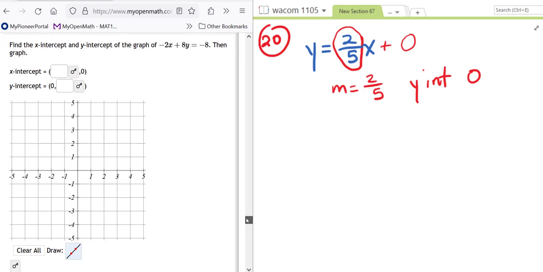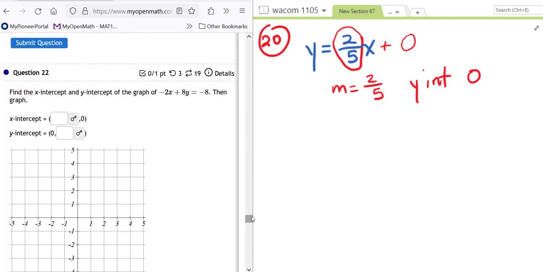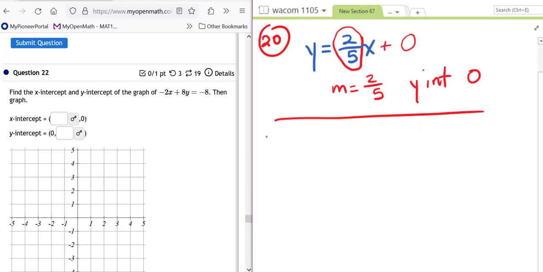This one wants you to use intercepts, right? Intercepts, make yourself a table and plug in zeros. They've helped you a little bit. It's just a matter of them switching back and forth all over the place. Okay. So 22. So watch the words. It says graph with the intercepts.